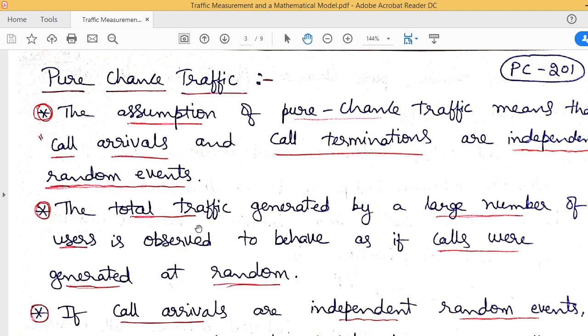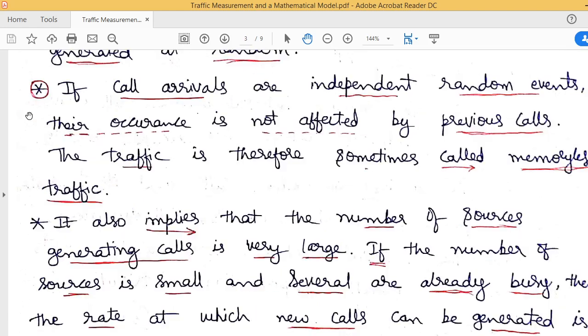It is clear that the total traffic generated is because of a large number of users. So pure chance traffic assumes a large number of users are involved in generating this total traffic, and calls are generated at random. As defined, call arrivals are independent random events. Their occurrence is not affected by previous calls. Hence we can say this is memoryless traffic.